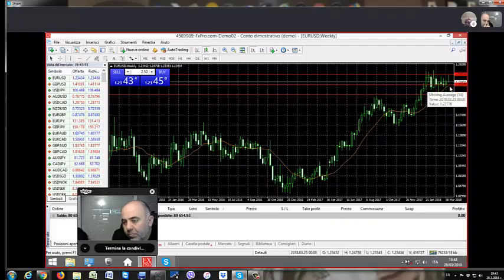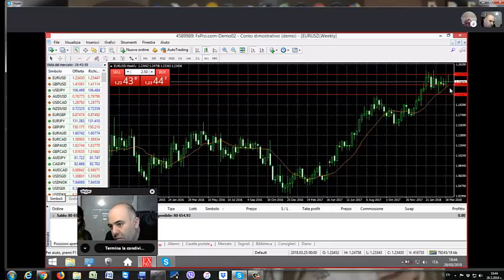Below 122.92, bias changed from neutral to down, with a possible target at 121.11.